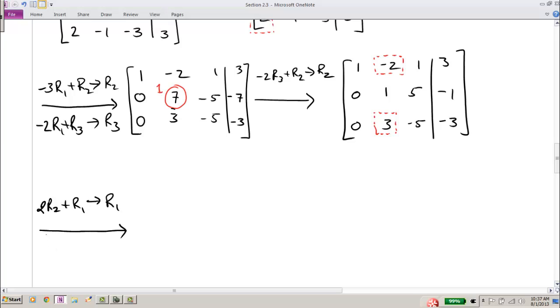And to zero out the 3 in row 3, we're going to multiply row 2 by -3, add it to row 3, put the result in row 3. And the row that is not being changed in this process is row 2. So that's going to stay as it is.